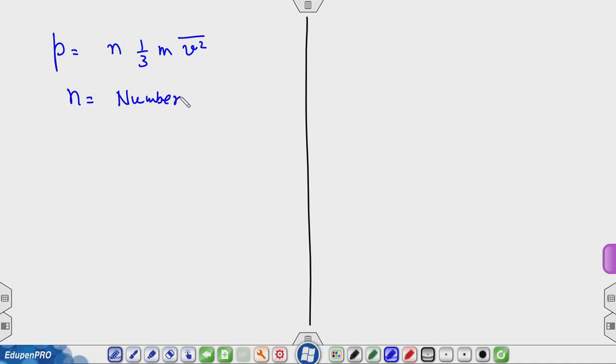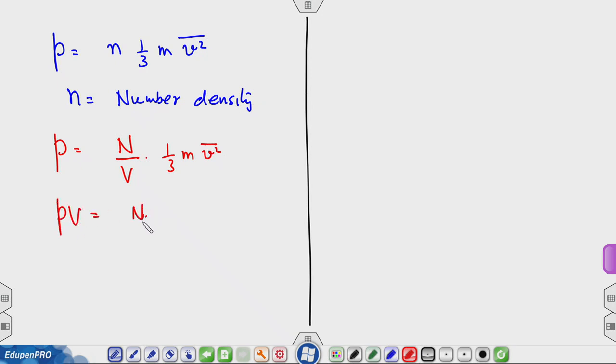I mistook it to be the number of particles. Since this is number density, I get P equals the total number divided by V, 1/3 m v square average, and this gives you PV equals N divided by 3 m v square bar.